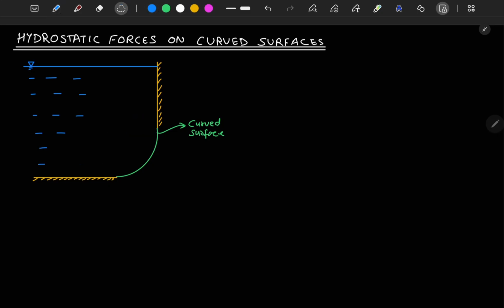Let's say for this curved surface, at a distance h from the free surface, we take an element. This is the element dA.